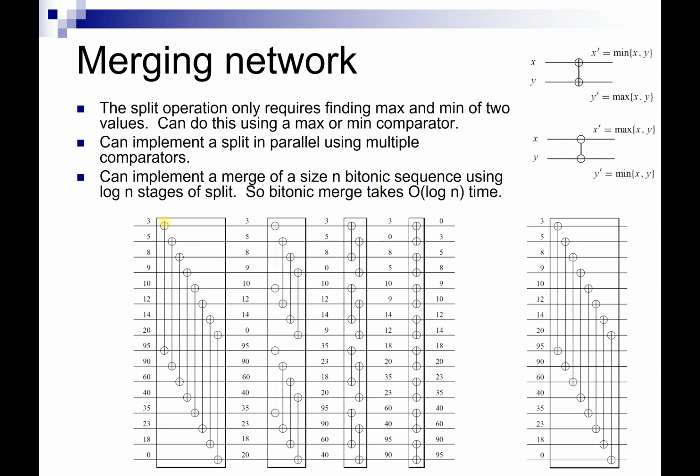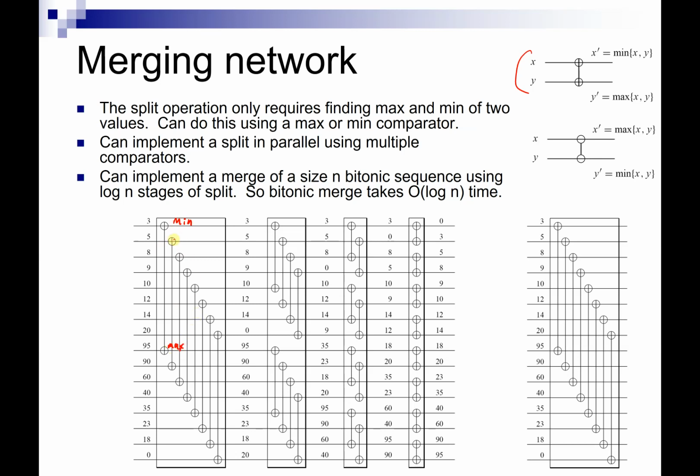So we match those values, and then we want to put the min on top and the max on the bottom. So now we're going to use these little plus circuits to do that. That's what this is indicating. So 3 and 95 get matched, and you put the min value up top, so the min value is going to go over here, and the max value is going to go over here.